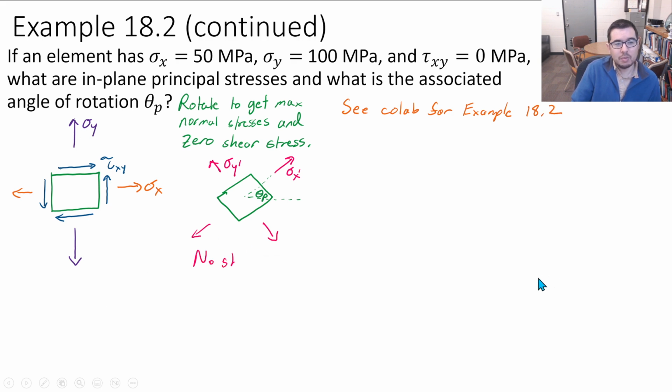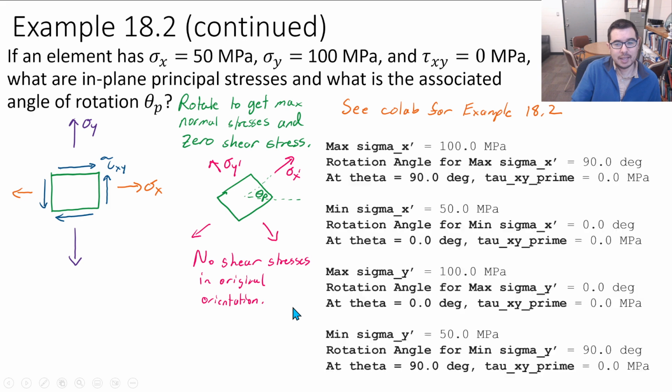So if we again look at this element and we say there are no shear stresses in the original orientation, that means that the output, when you run the code, is quite boring. So what's the maximum sigma x prime?